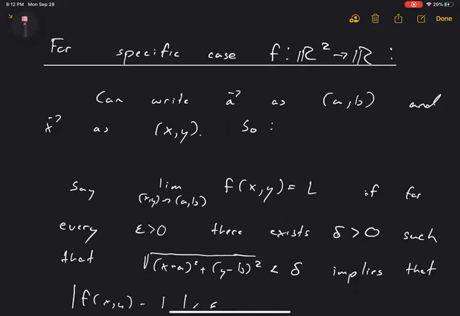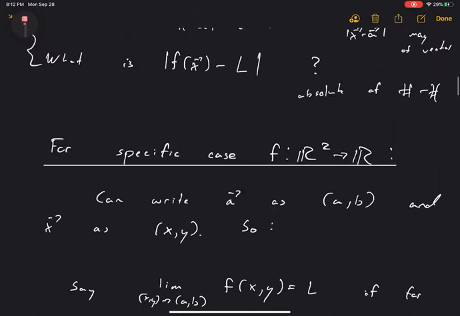Instead of using this vector notation, instead of writing a as a vector, we can write it as just a couple of points. If we have a vector in 2 dimensions, this vector a has an x coordinate and y coordinate. Instead of writing it using this vector notation, we could just write it as its coordinates a and b.